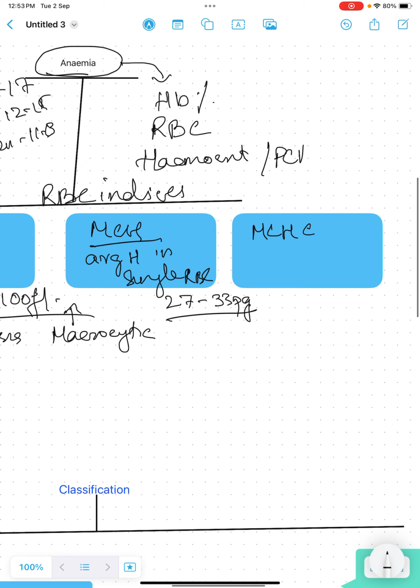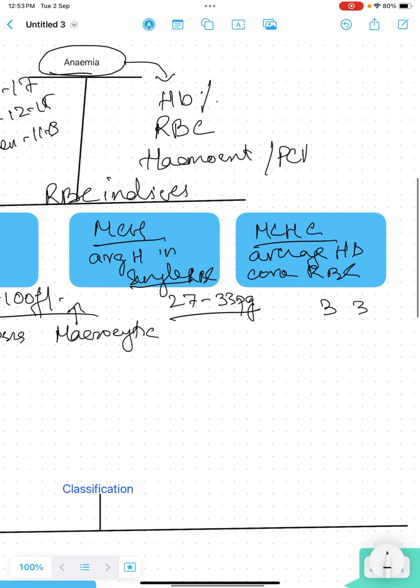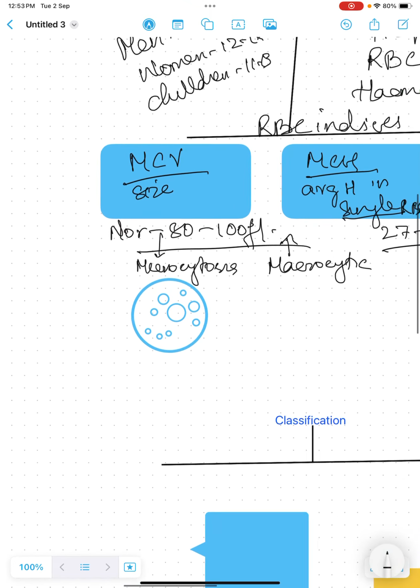MCHC is the average hemoglobin concentration. MCH was hemoglobin in a single cell; this is the concentration per dl in RBC. The normal range is 32 to 36. So below and above will make the difference.